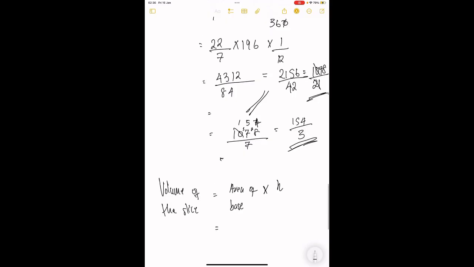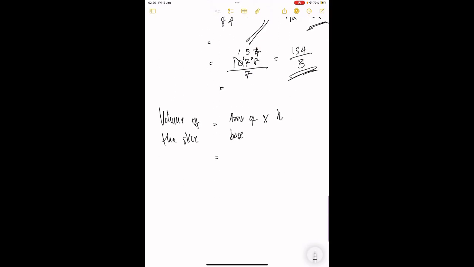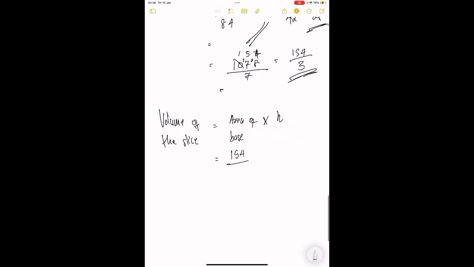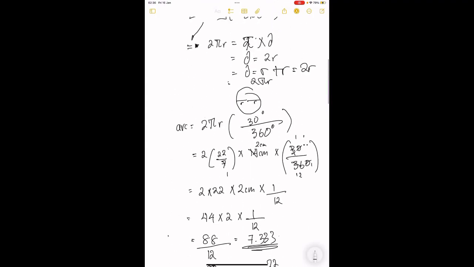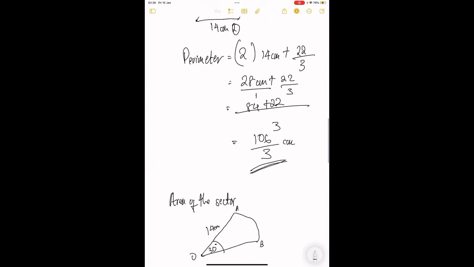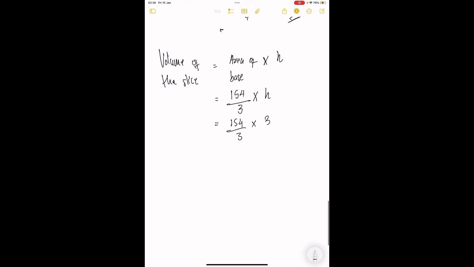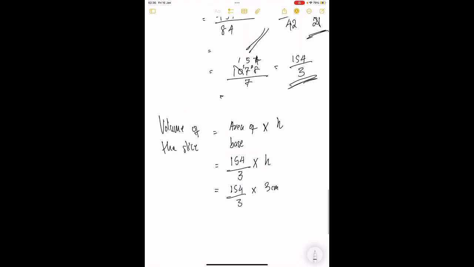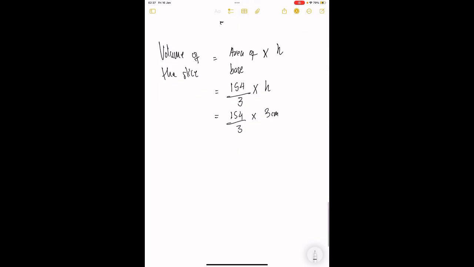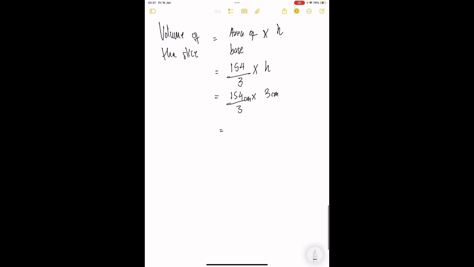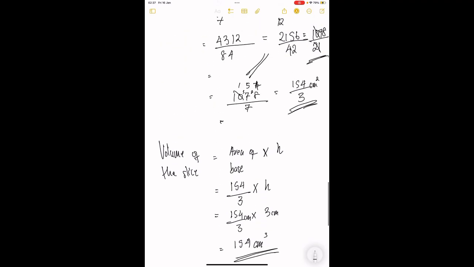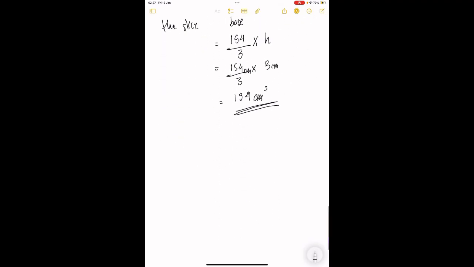So our base is the sector, which is 154 over 3 multiplied by the height, which is 3 centimeters. Remember units, guys, units. So this is going to be 154 centimeters cubed. Right. Thank you.